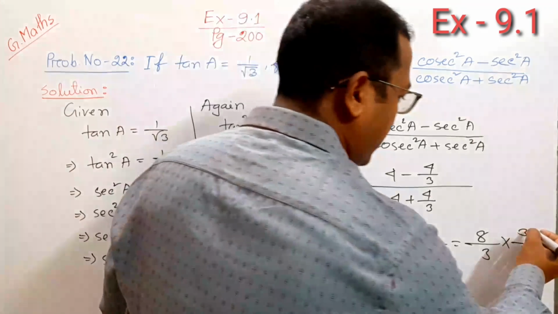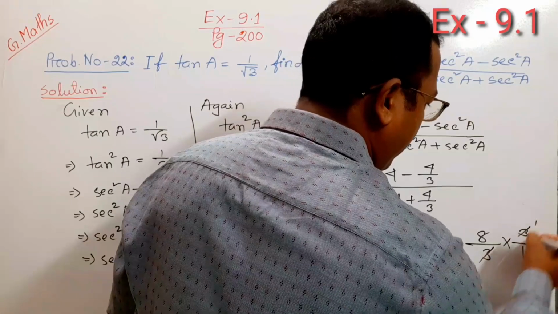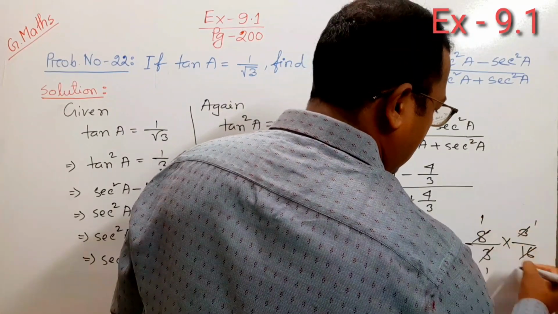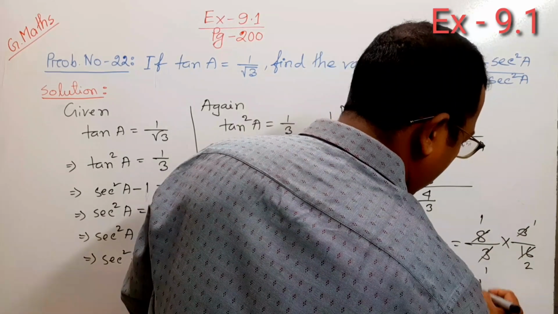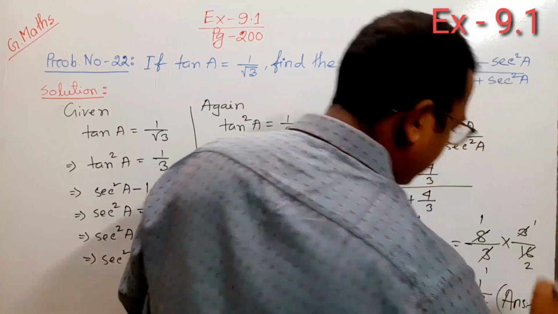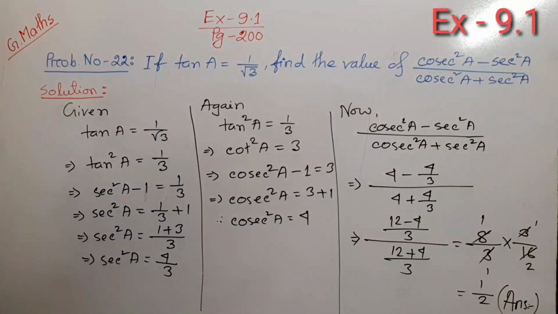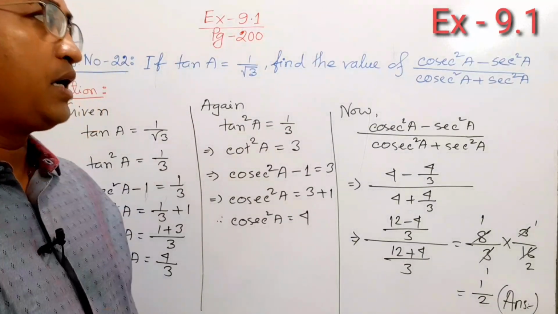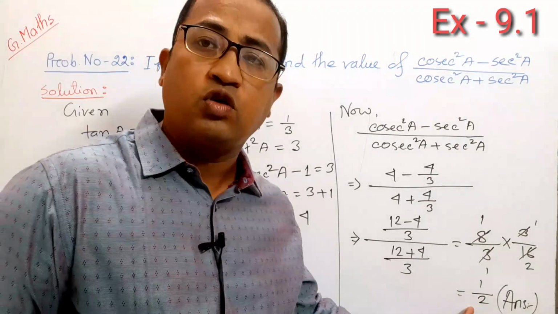Now cancellation: 3 1s are 3, 8 1s are 8, 8 2s are 16. So the value is 1 by 2. This is the answer. So the value of cosec square A minus sec square A by cosec square A plus sec square A is equal to half.